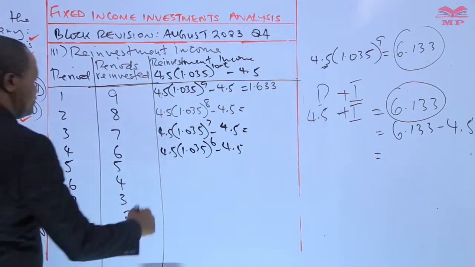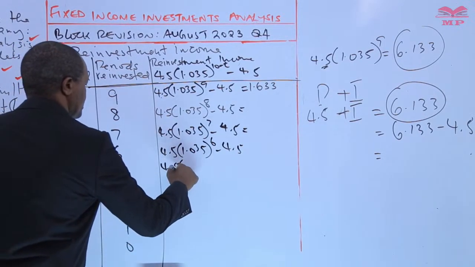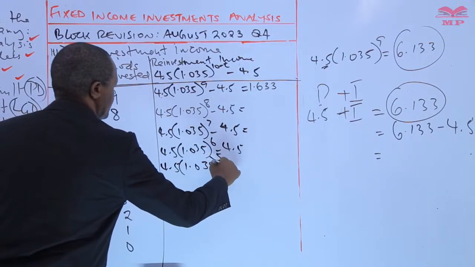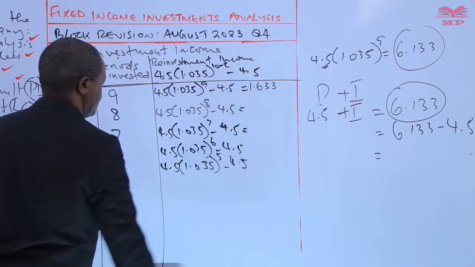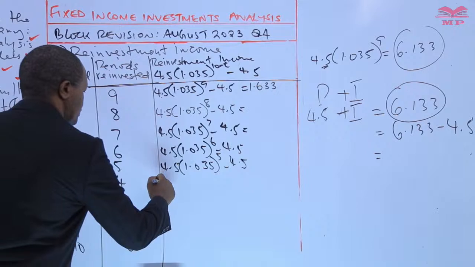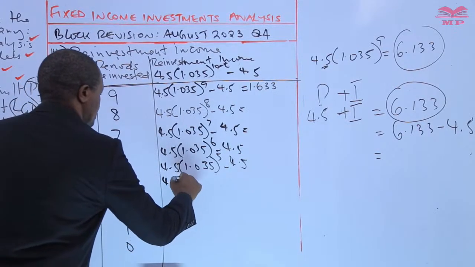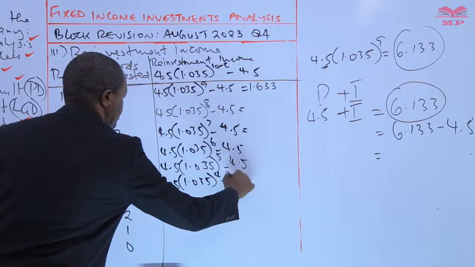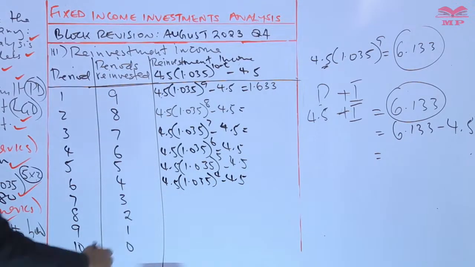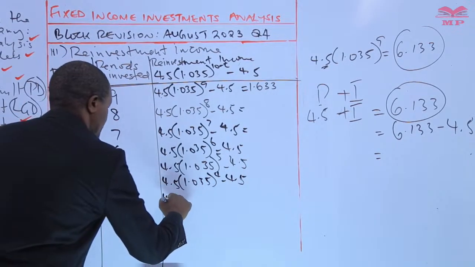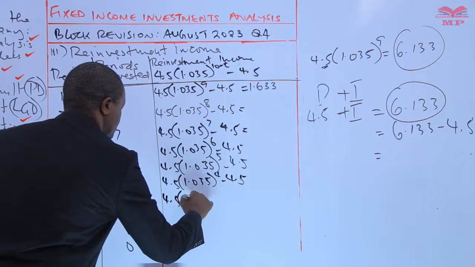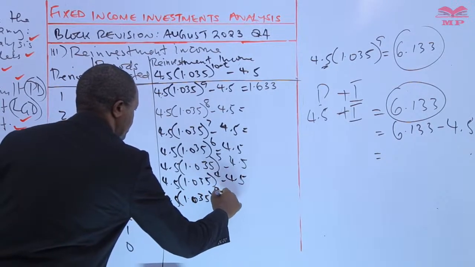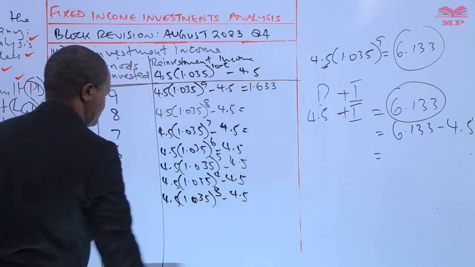Period 5 will have 4.5 into 1.035 raised to 5 minus 4.5. Period 4, 4.5 into 1.035 raised to 4 minus 4.5. Period 3, 4.5 into 1.035 raised to 3 minus 4.5.